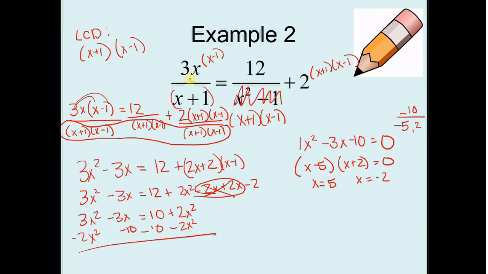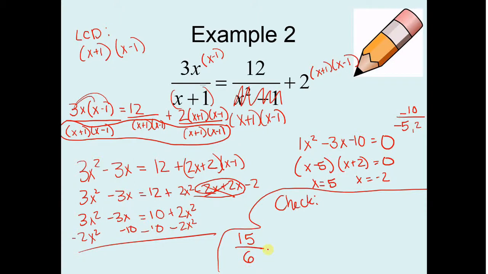So plugging in that 5, here's my check area. There we go. I have 3 times 5, that's 15. 5 plus 1, that's 6. I have 15 over 6 equals 12 over 5 squared is 25 minus 1, that's a 24, plus 2.